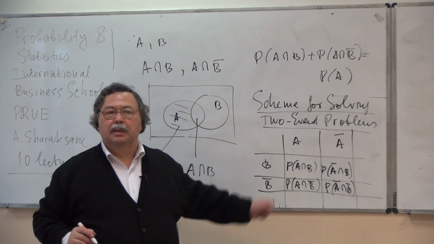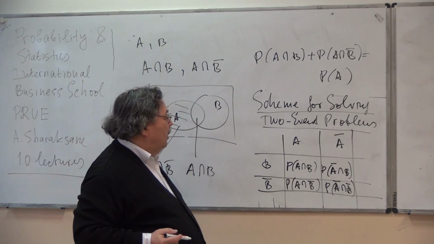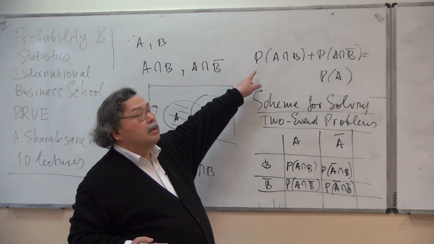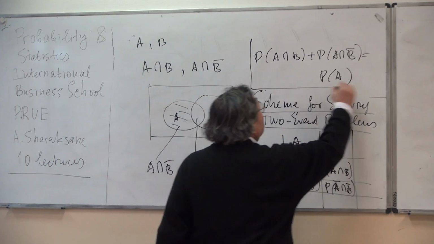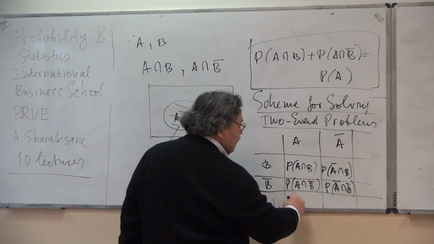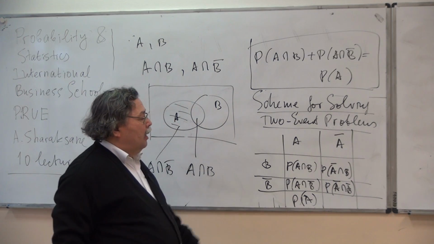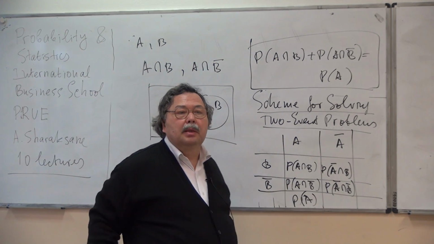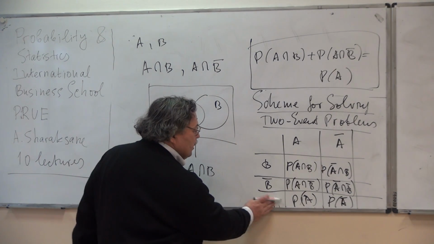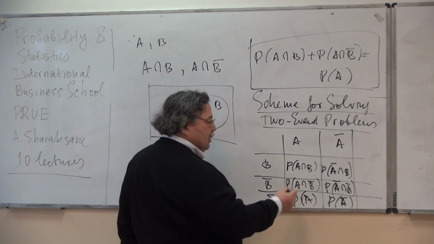So 4 probabilities. And now let's sum up these two: probability of A intersect B, probability of A intersect complement B. Using this formula here, let's enclose it in a box to emphasize its importance. Now, this is P of A, and this is probability of complement A. Let's write this capital Greek sigma to remind ourselves that we sum up.